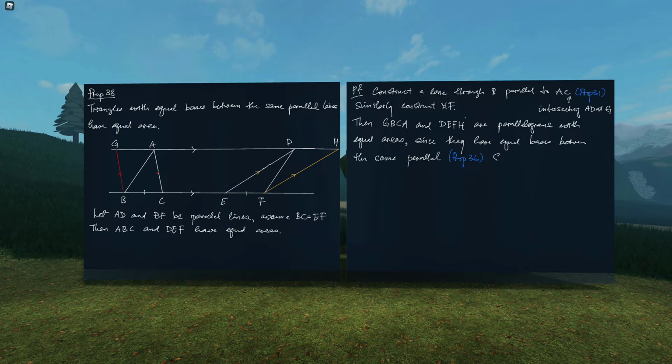So since the diagonals AB, corresponding to the first parallelogram, and DF cut these parallelograms, GBCA and DEFH, in half, then the triangles that we were trying to look at before, ABC and DEF, have equal areas.